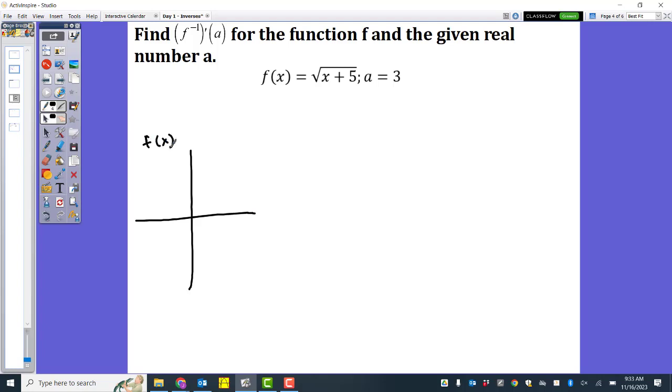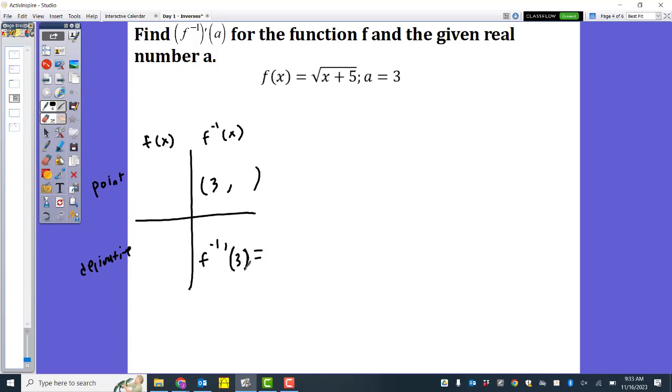So here's f of x, here's the inverse, and then we have the points along the top and the derivative along the bottom. So we want the inverse at a. That means a is the x of our inverse. So this would be the inverse derivative at a is equal to there. The a they gave us was 3 in this case. So 3 gets plugged in there.